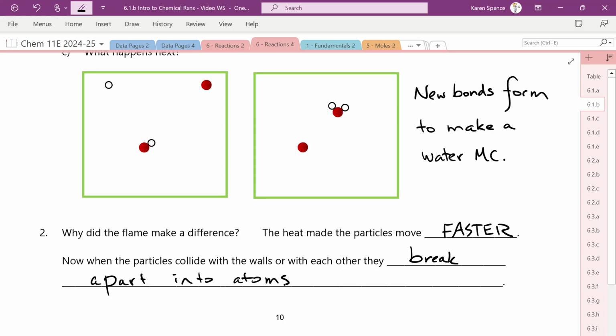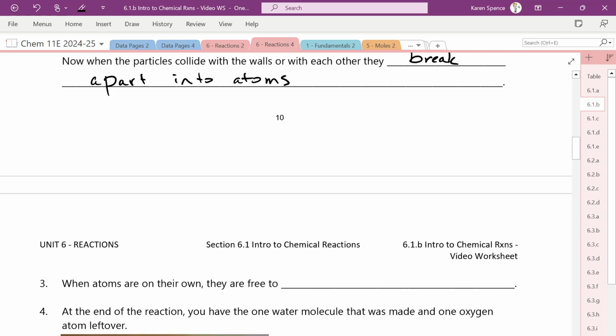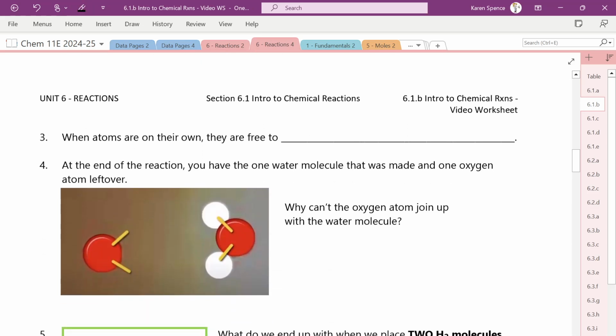So they collide, the electrons break apart, the atoms break apart, and then they will form a bond with a new partner. And when the atoms are on their own, they are free to do what? Bond to other atoms.